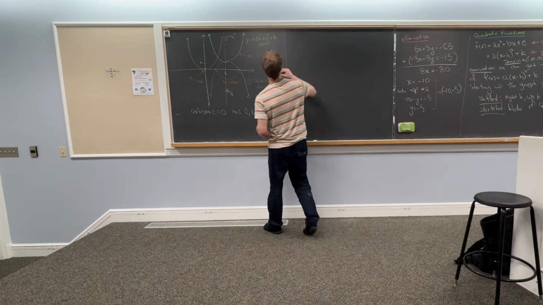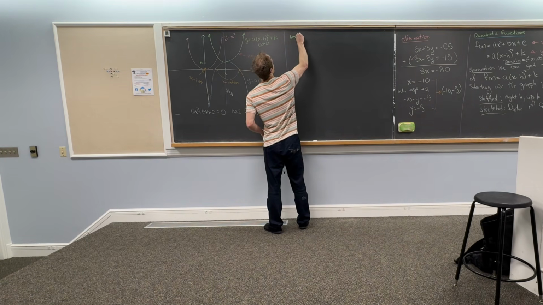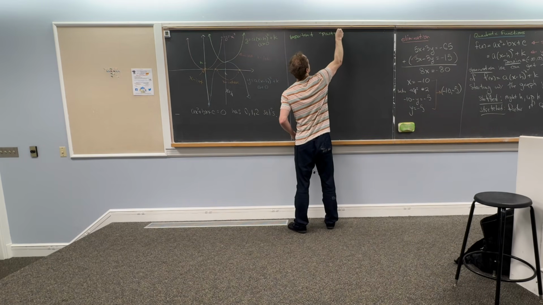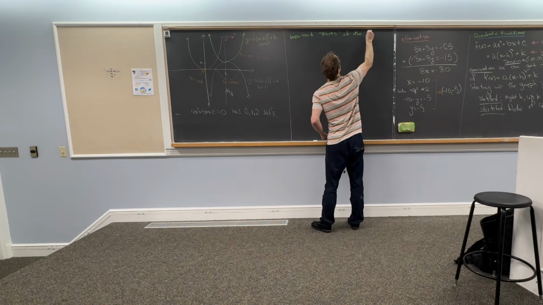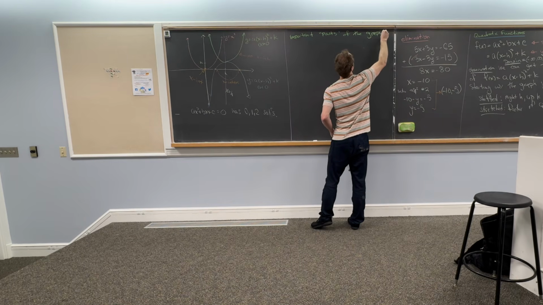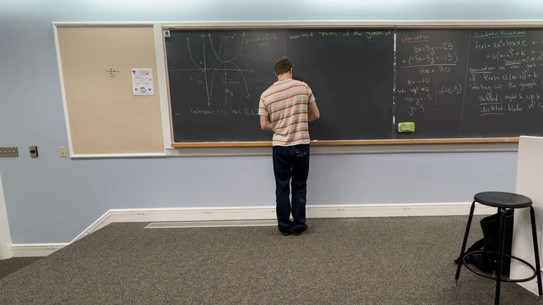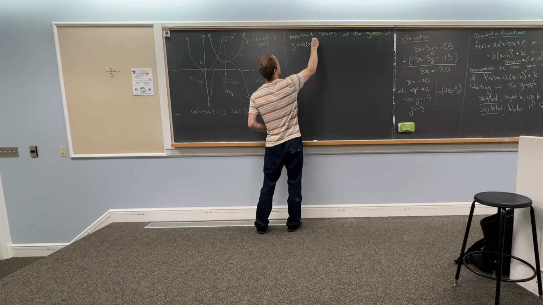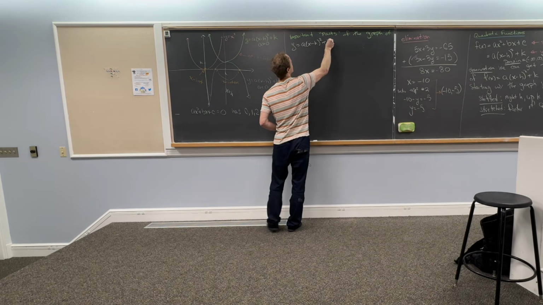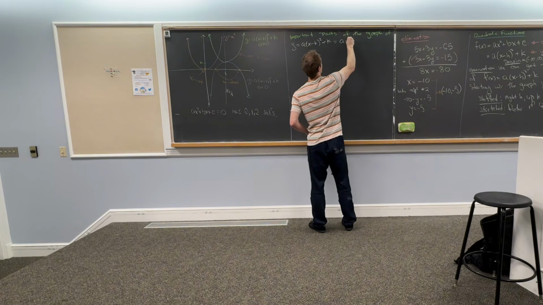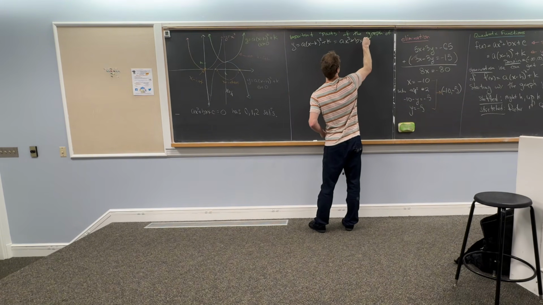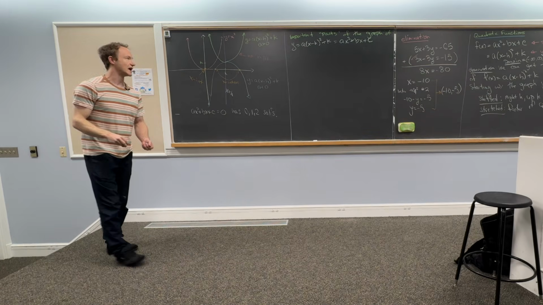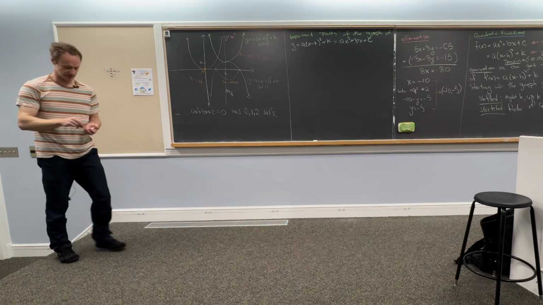So important parts of the graph of y equals a(x minus h) squared plus k, aka ax squared plus bx plus c. Because either way you have this, these parts are going to be the same.